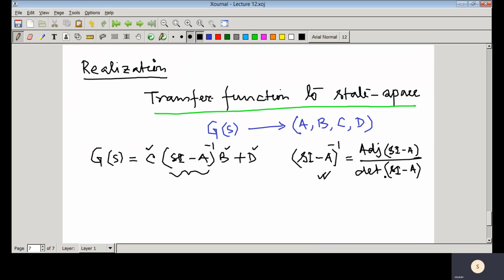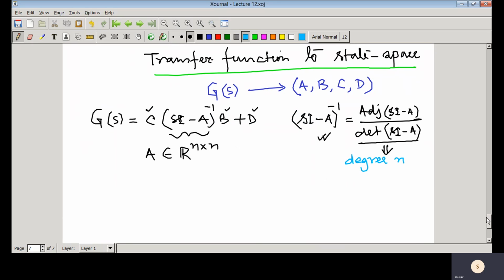So now what would be the degree of the determinant of sI minus A? Suppose A is the system matrix whose dimension is n cross n. If you find the determinant of sI minus A, its degree would be equal to n. I think you can understand if we take a simple example.